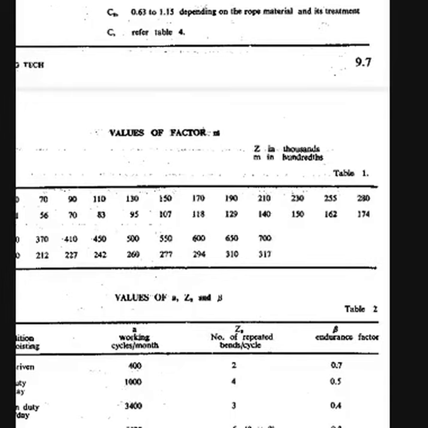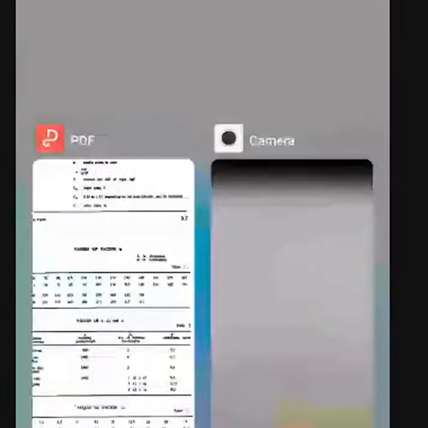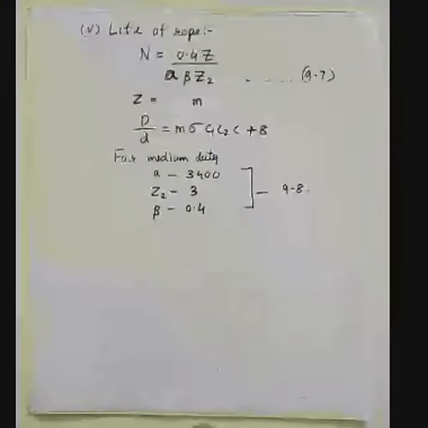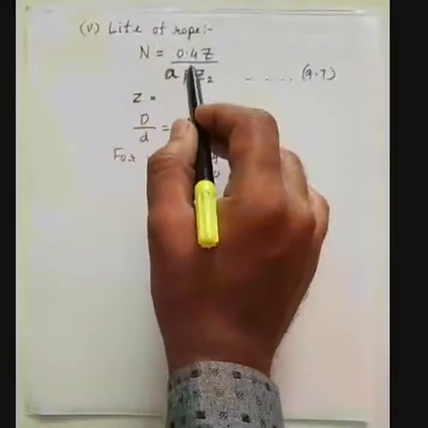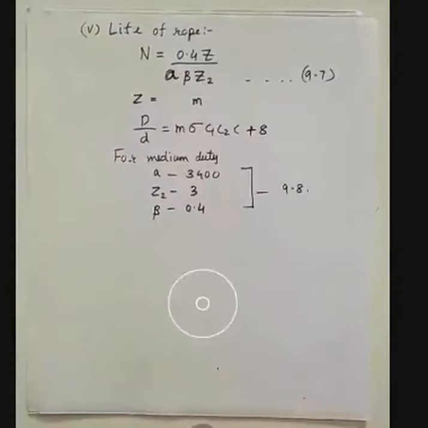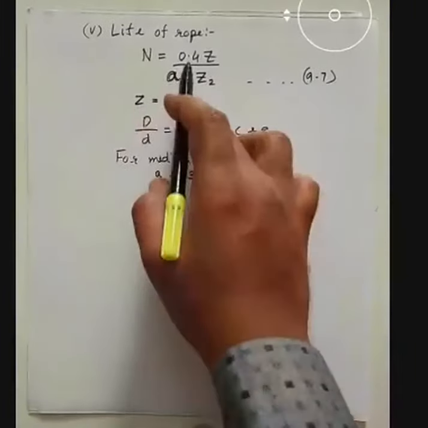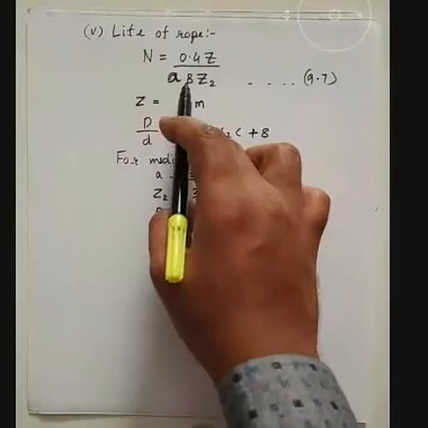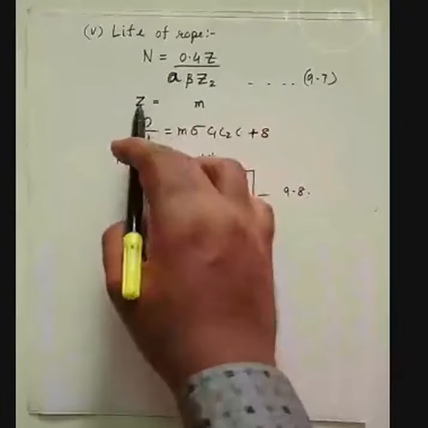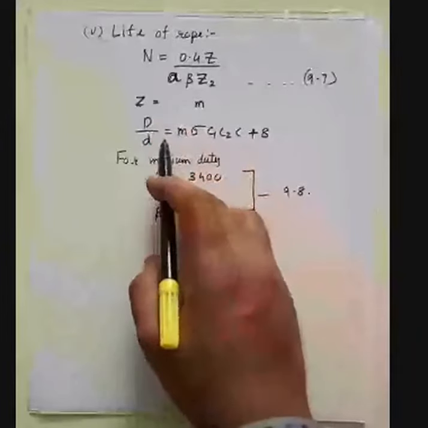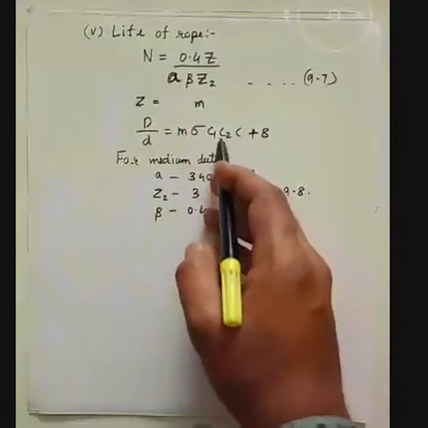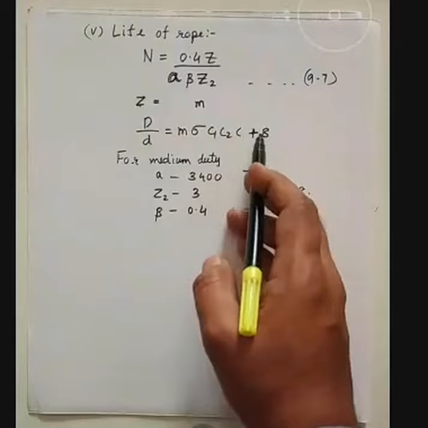I will come back to the screen and go over the formulas once again, and then we'll move on. This is the basic formula of life which we have to calculate: 0.4 Z upon A beta Z2. Z is related to M. So we have to calculate M from the formula D by d equals M sigma C1 C2 C plus 8.